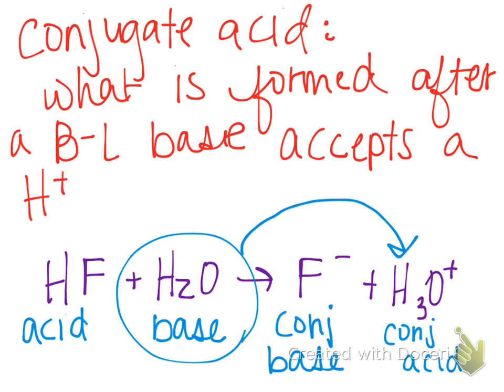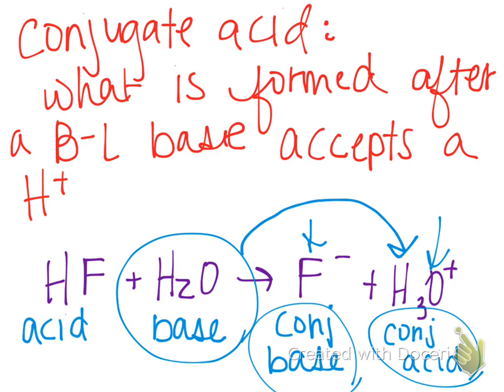Conjugate base and conjugate acid could again react and go back the other way. That automatically tells us that on this side, here's our acid, and on this side, here's our base. So labeling the conjugate acid and conjugate base helps you determine how it's going to work to go backward, or a reverse reaction. Does that make sense?